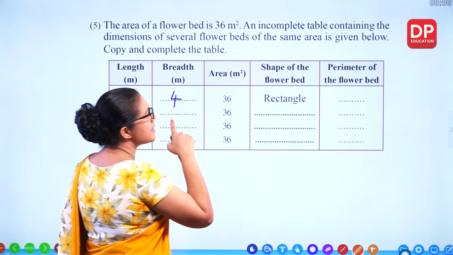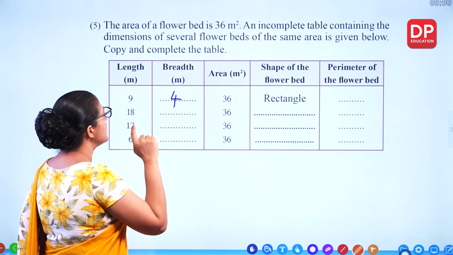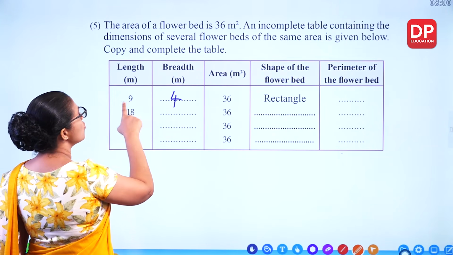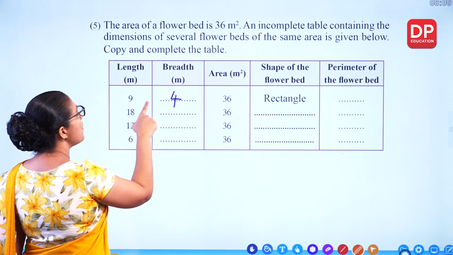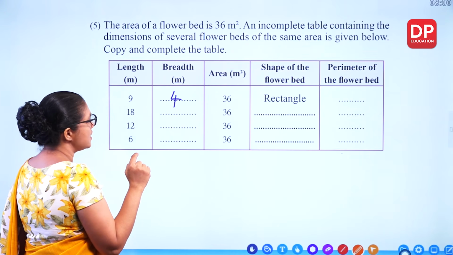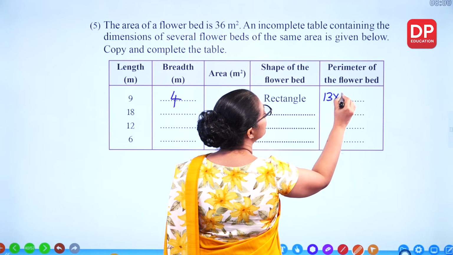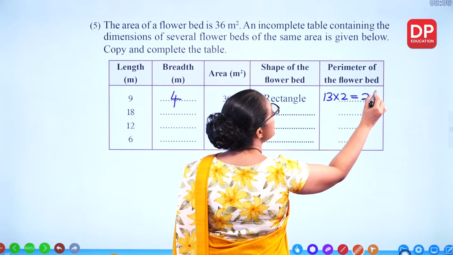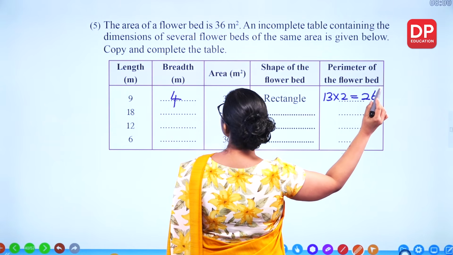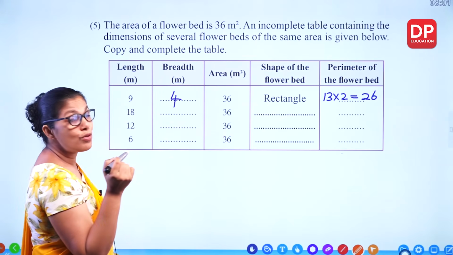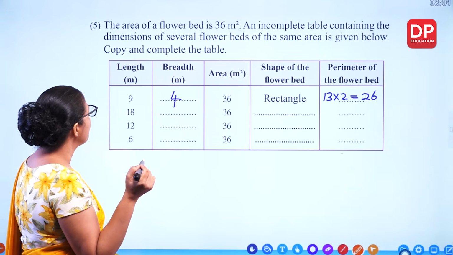And the perimeter of the flower bed, you have to add all together. So we'll add these two and multiply by 2. 9 plus 4, 13. 13 times 2, 26. All these are in meters, so you don't need to write down the units.